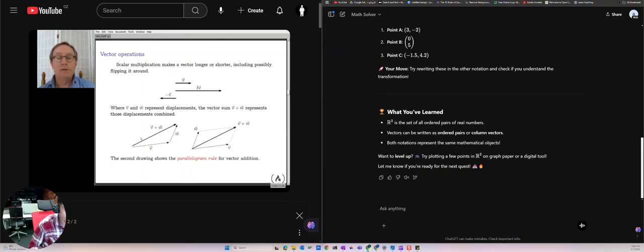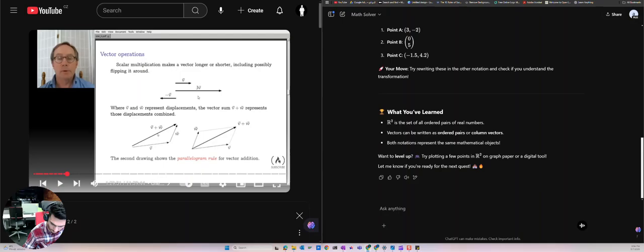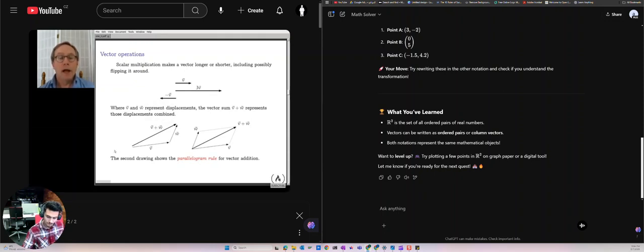The addition of two vectors is if you add v and w, then the way to construct the sum, v plus w, is you take the end point of v and the begin point of w, put the begin point of w on top of the end point of v, and then the vector v plus w extends from the beginning of v to the end of w.